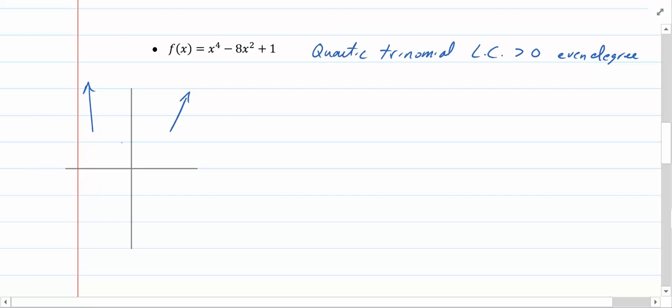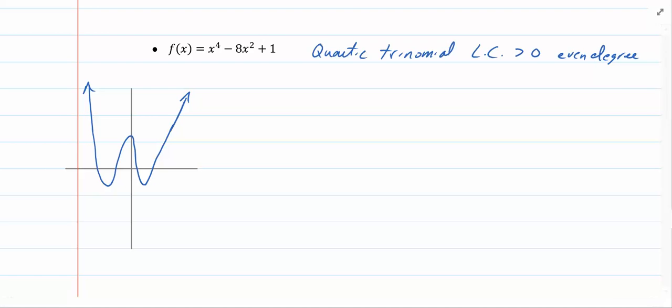Since the degree is 4, we can have as many as 3 turns to it. 1, 2, 3. This will form a W graph. In this case, we can have as many as 1, 2, 3, 4 intersections with the x-axis.